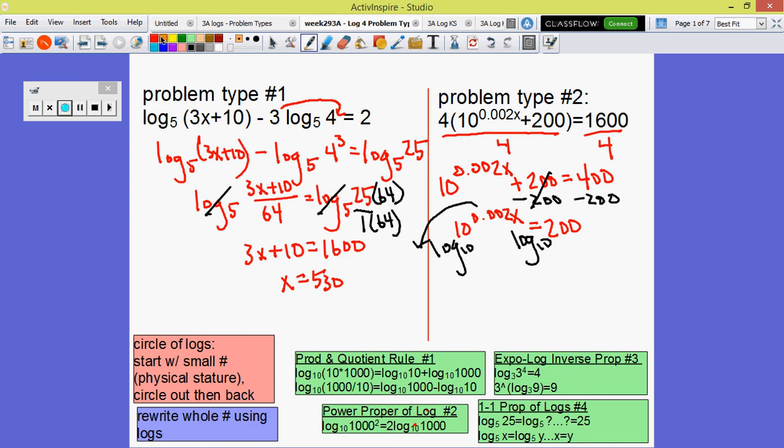At this stage, I'm going to get 0.002x log base 10 of 10 equals log base 10 of 200. Then I'm going to divide both sides by log base 10 of 10.